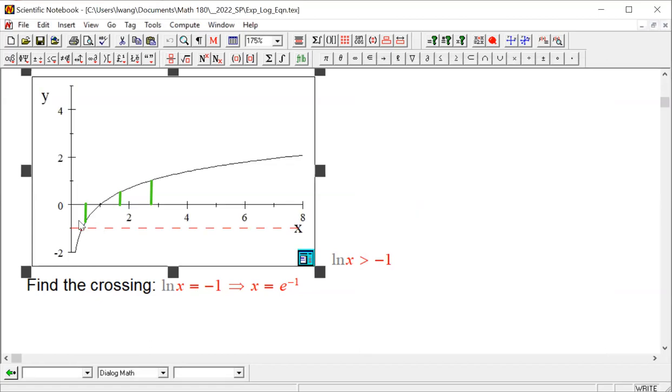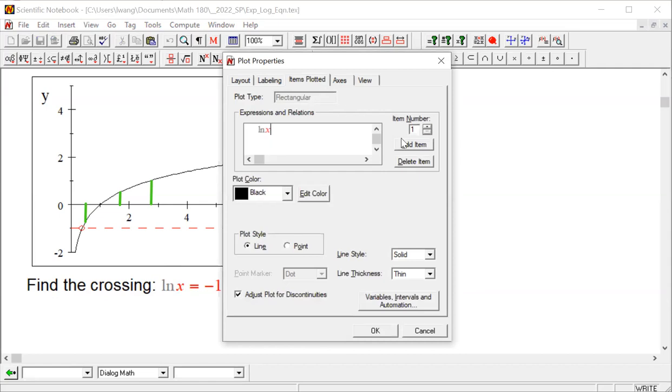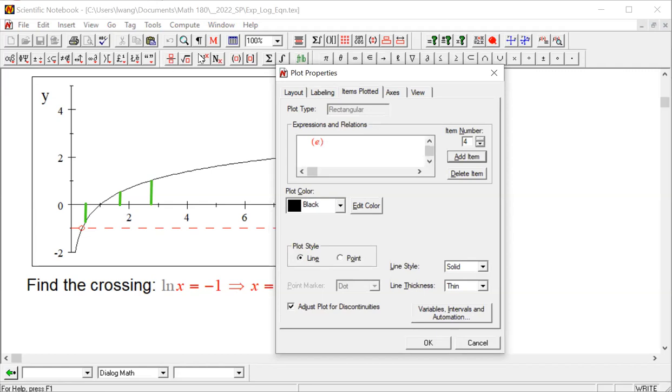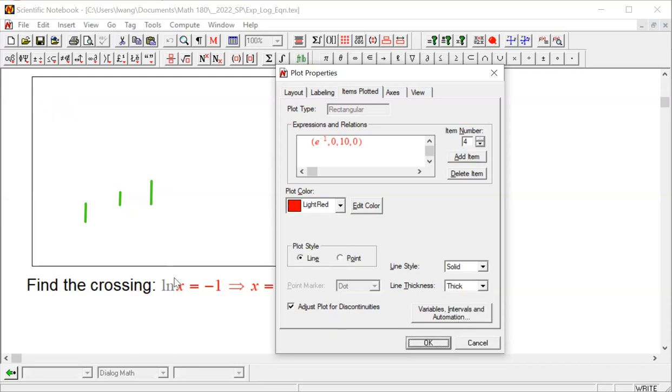So for the output to be larger than negative 1, what are those inputs? The inputs go from e to the power negative 1 all the way to infinity. So we're going to mark the interval from e to the power negative 1, 0, and all of these numbers until infinity would be the solution.